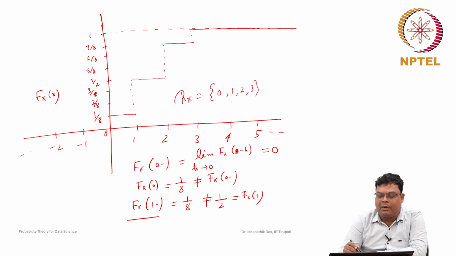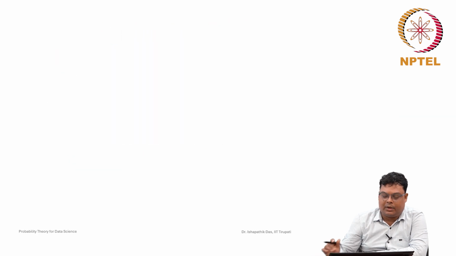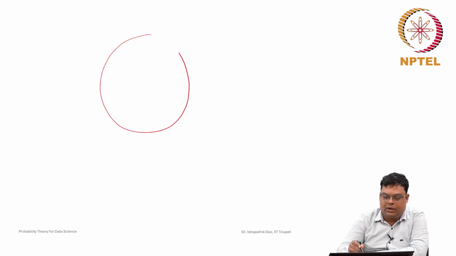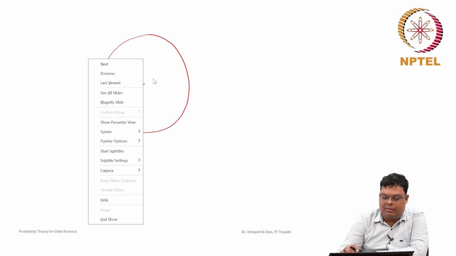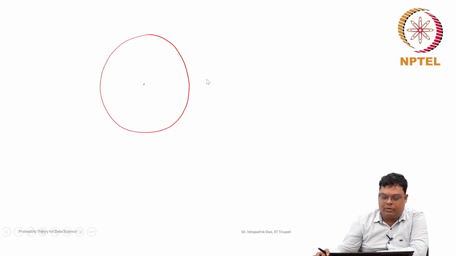Now, for some random variables, suppose you are throwing a dart at a target. Because we are not exactly accurate, the dart falls in several places.